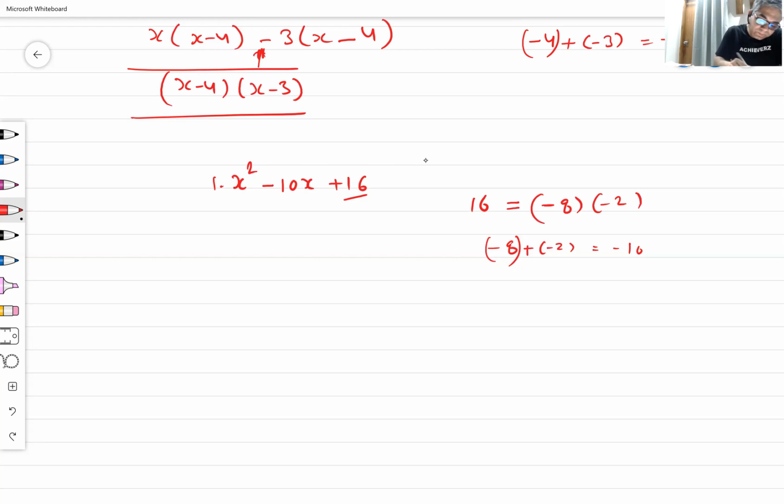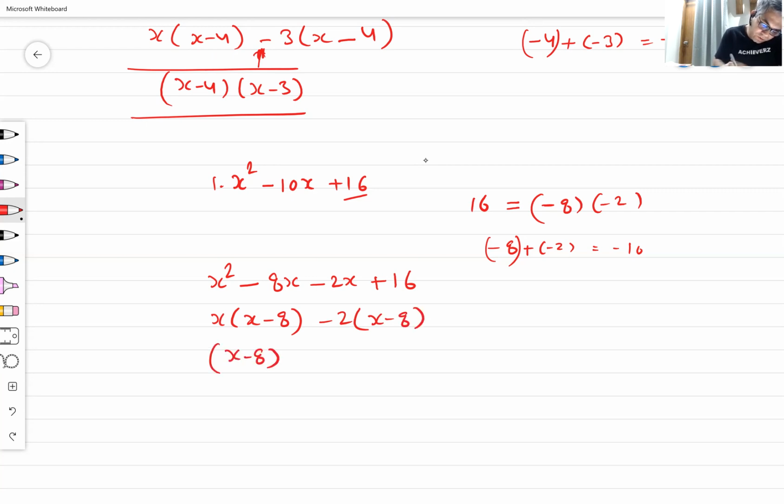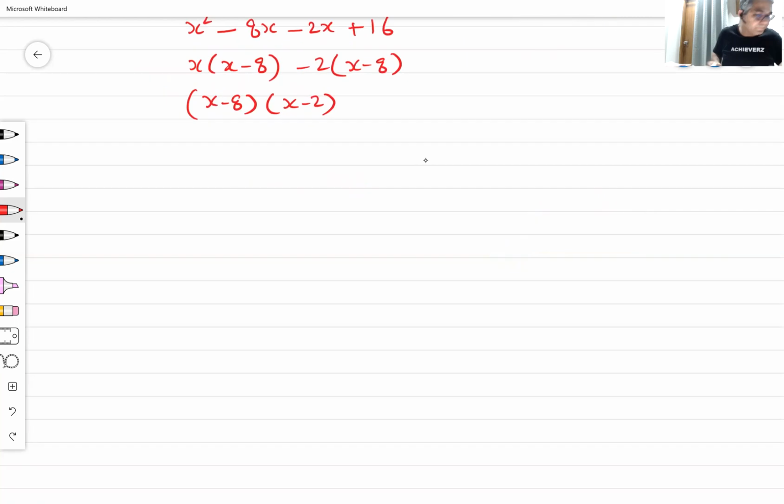So my question quickly becomes x square, by splitting the middle term, I can write it as minus 8x, then minus 2x plus 16. x into x minus 8 minus 2 into x minus 8, and I can take x minus 8 as common, so I will be left with x minus 2. Good, guys. So proud of you. Wow.